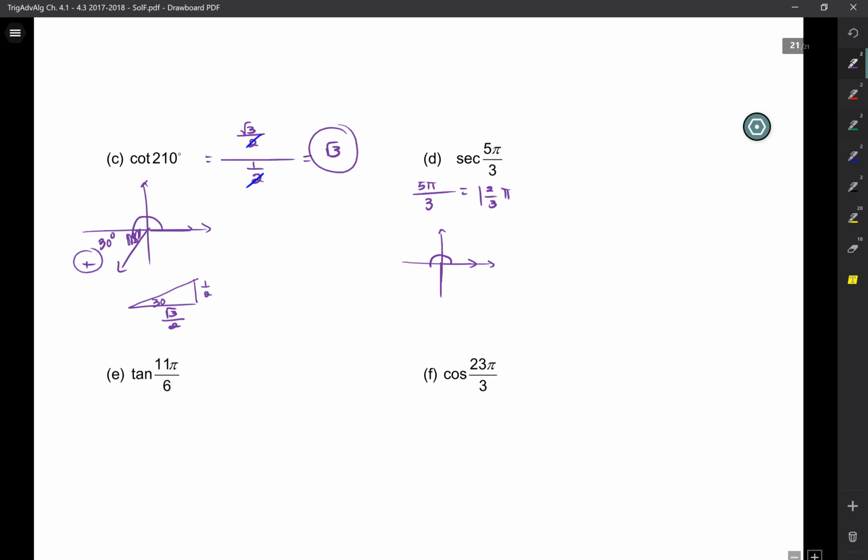That's almost a full 2 pi. What quadrant does that land me in? 4. Okay, secant, is that positive or negative in quadrant 4? It's positive, because secant is like cosine. If all students take calculus, cosine is positive there.